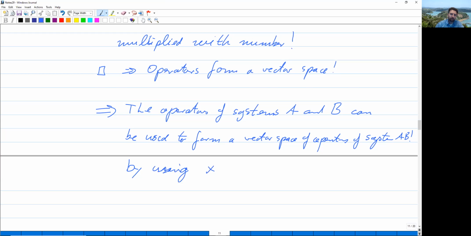So we don't have to invent a new tensor product. We just have to apply the axioms of tensor product now not to the states but to the operators.